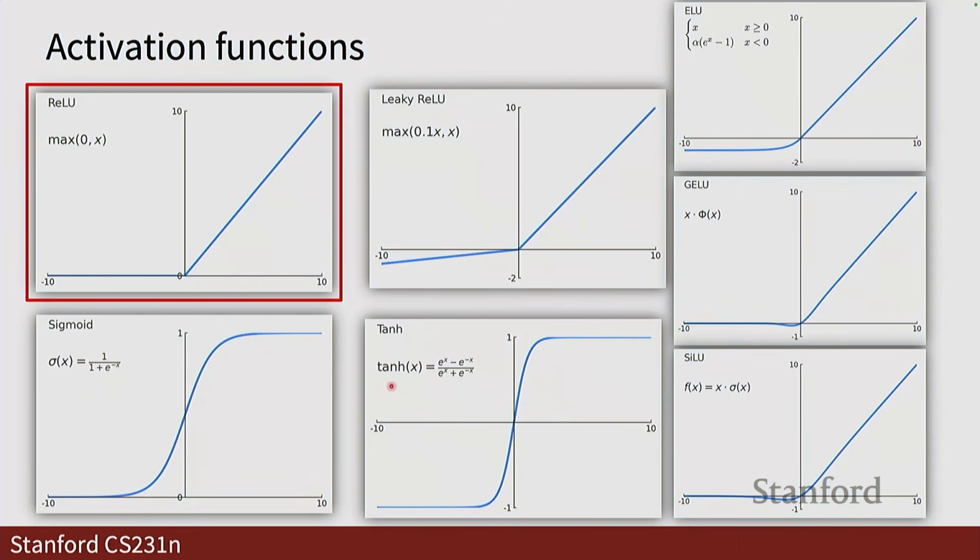Other than these, there are functions like sigmoid and tanh that are often also used as activation functions, although they do have a few problems because they squash values in a narrow range, and that sometimes results in vanishing gradients. So we often do not use sigmoid or tanh in the middle of the neural networks.